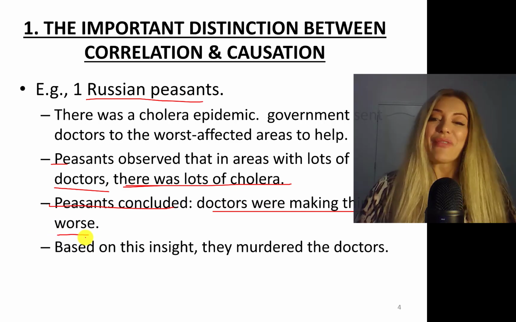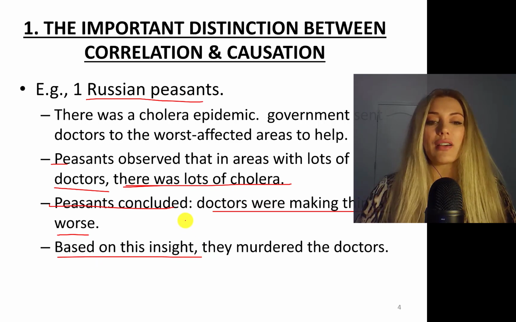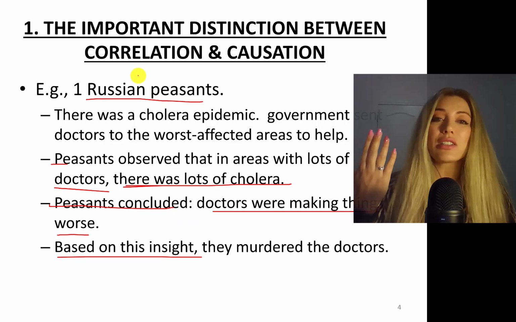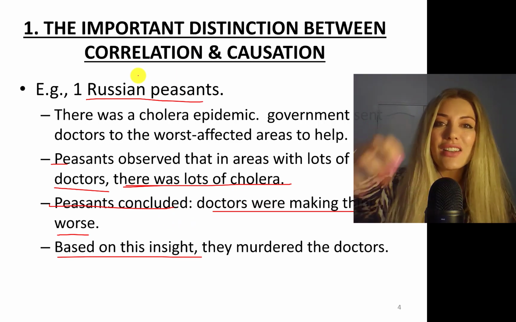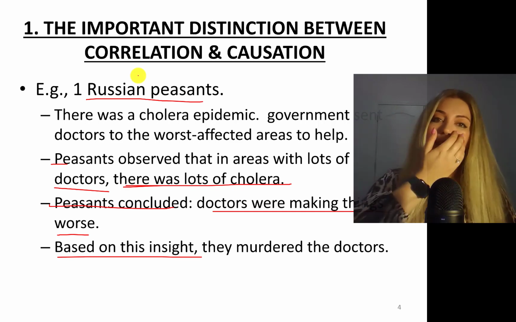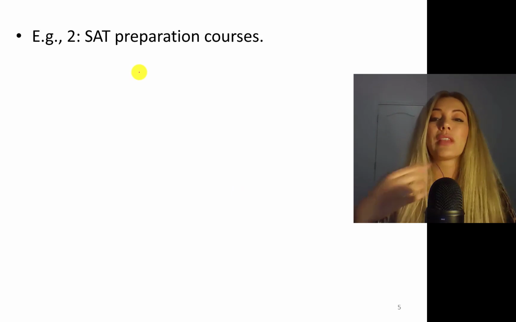It's crazy. Based on this insight, they murdered the doctors. Oh my gosh. Look at this. Do you think doctors were actually causing this epidemic? No, government sent doctors to the worst affected areas. So there's just correlation, not causation.